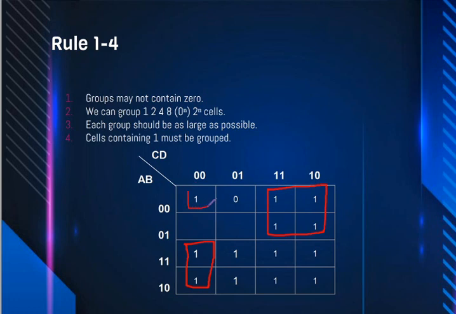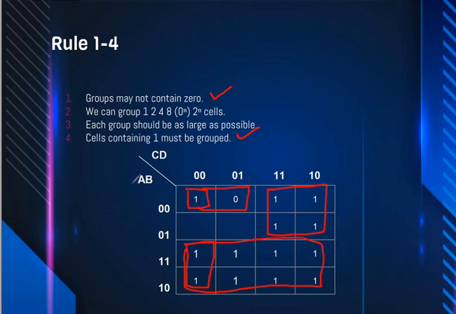This single can also be a group. Why? Because cells containing 1 must be grouped. Why will we not group with this 0? Because groups may not contain 0. So grouping is putting together all the values or variables in the K-map.